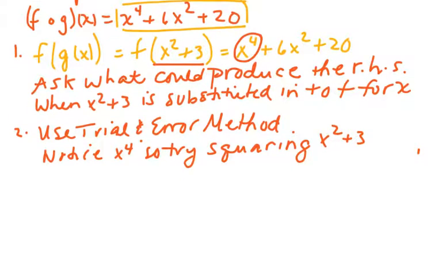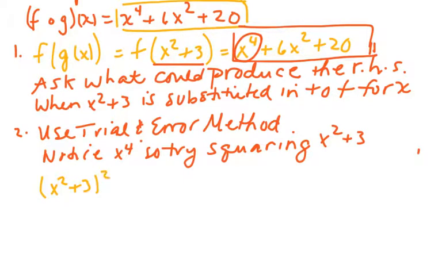And see if you get something close to this right hand side, which is the composition, right? Don't lose sight of the goal. We're looking for a function f of x when composed with g produces this right hand side. So let's try squaring it: x squared plus 3 squared.